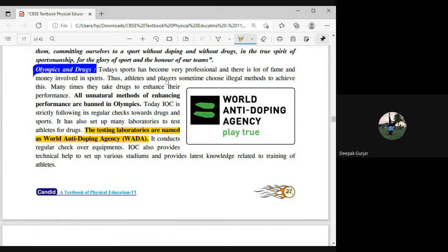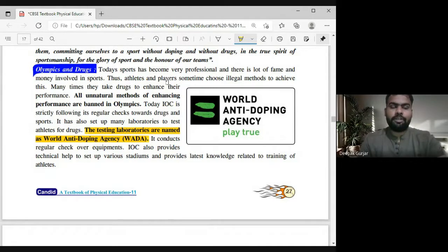Today sports has become very professional, and there is a lot of name, fame, and money involved in this. Thus athletes and players sometimes use illegal methods to achieve this. Many times they take drugs to enhance their performance. All unnatural methods for enhancing performance are banned in the Olympics. Today, the IOC, International Olympic Committee, is strictly following its regular checkups for drugs in sports.